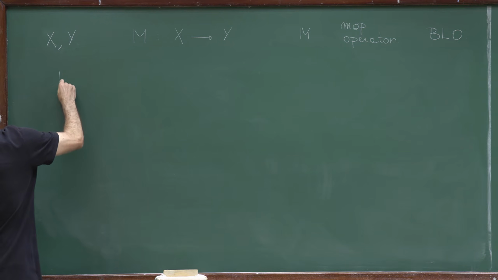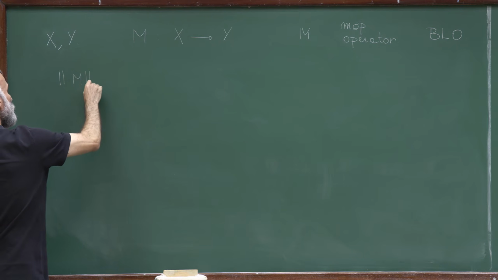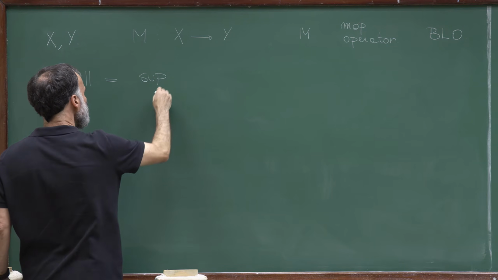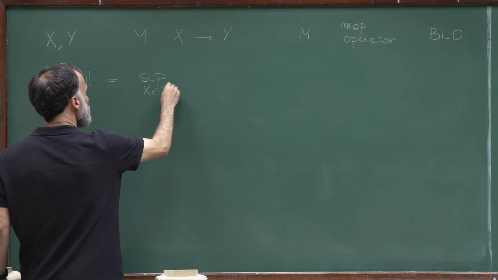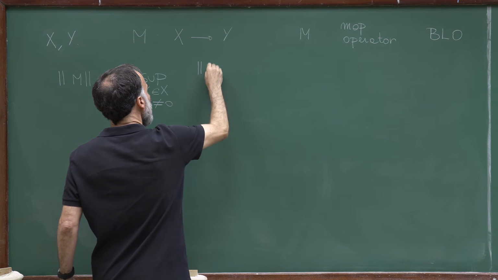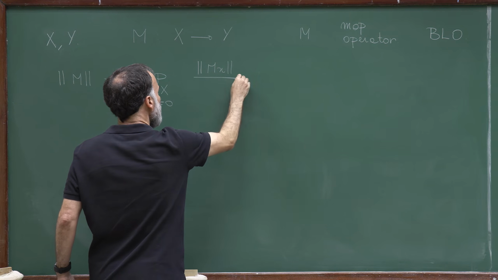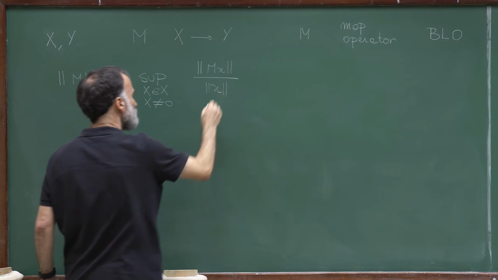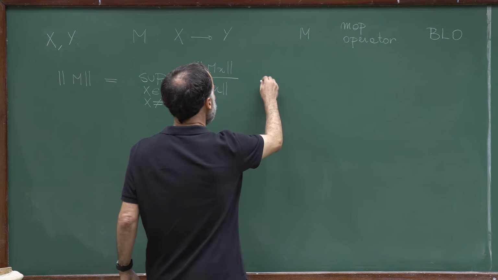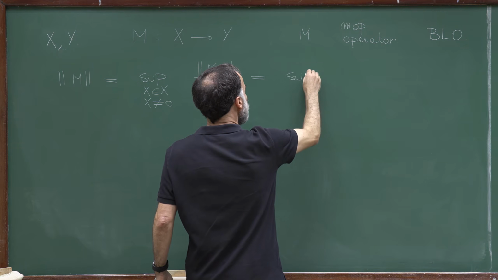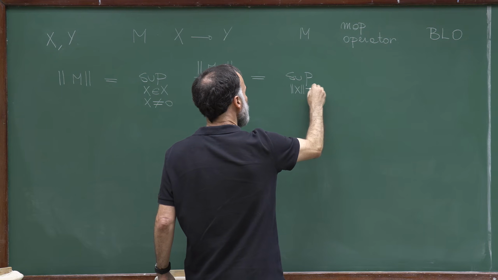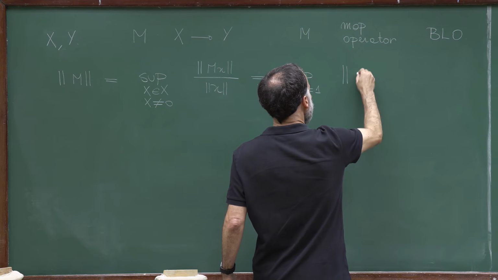And let's define the norm of M as the supremum for all x in x different from 0 of the norm of Mx divided by the norm of x. I leave it to you as an exercise to show that this supremum is equal to the supremum over all x in x whose norm is equal to 1 of the norm of Mx.